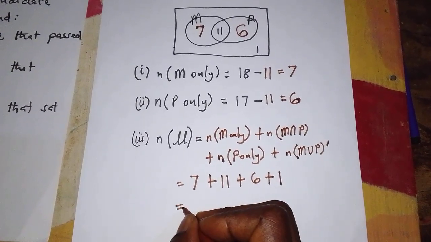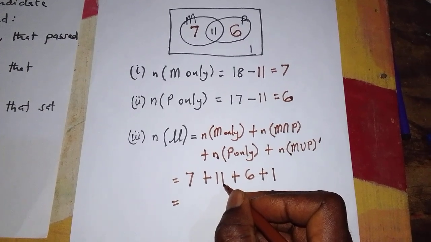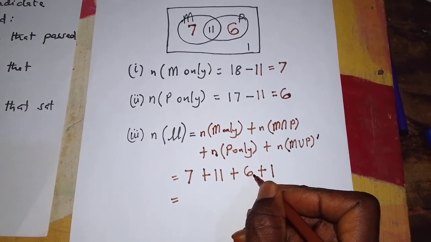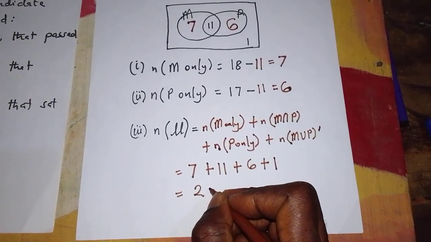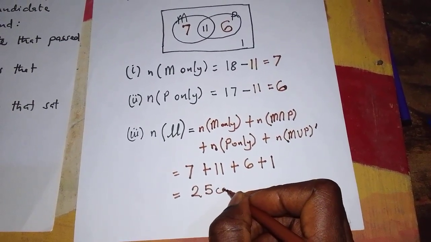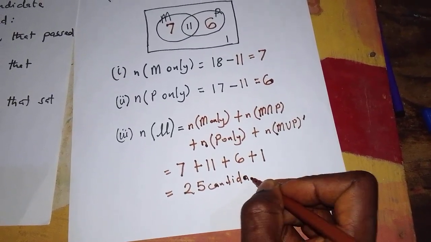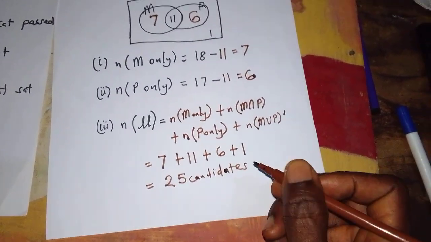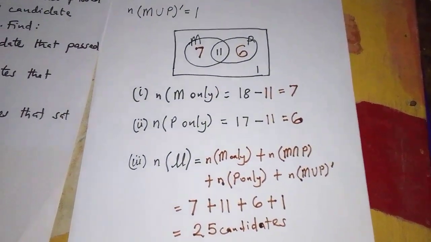So when you add it together, 7 plus 11 is 18. 18 plus 6 will give us 24. 24 plus 1 is 25. So it means 25 candidates sat for the examination.